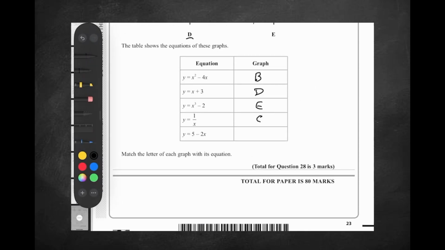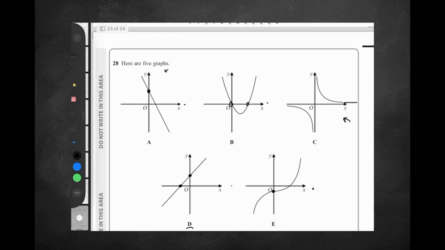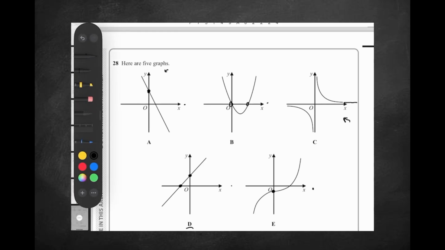And by powers of deduction, that must be A, but we'll check it anyway. So as we did with the other ones, we'll say x equals 0. Therefore, y would equal 5. And we'll just check that it works for A. When x is 0, y equals 5. That works.